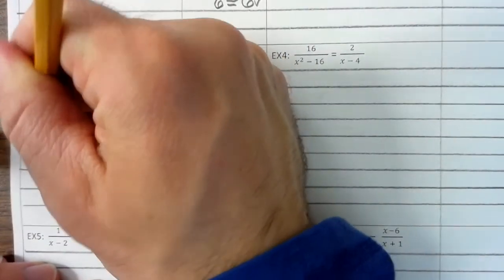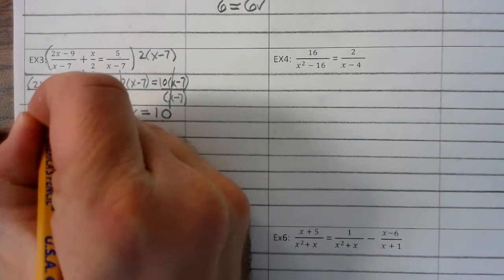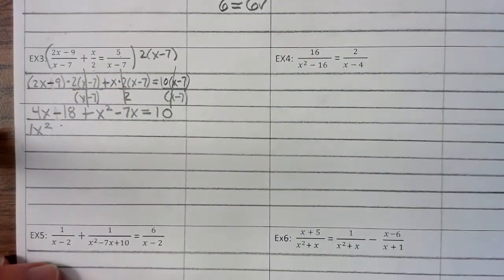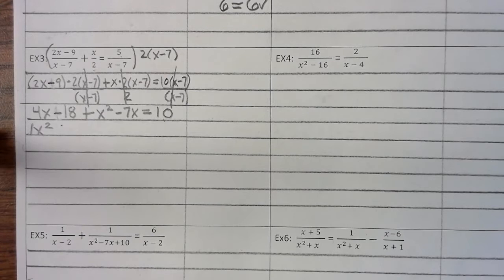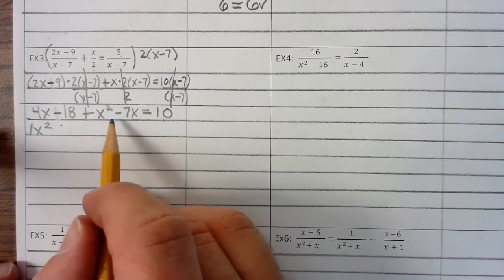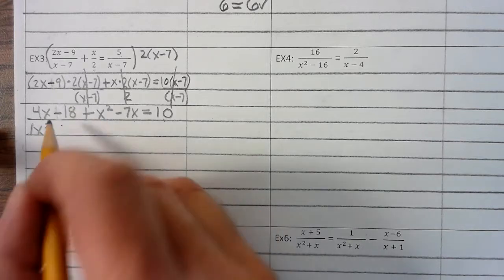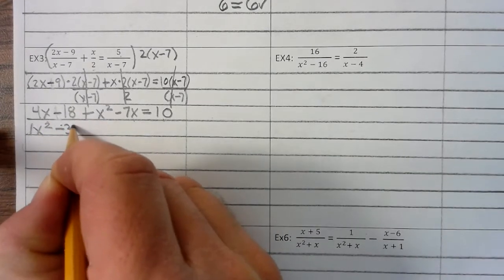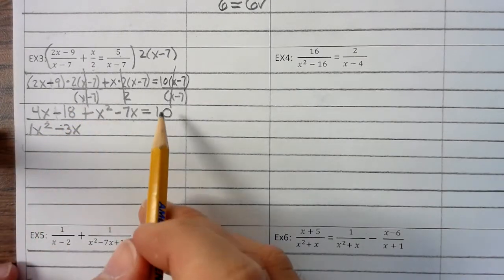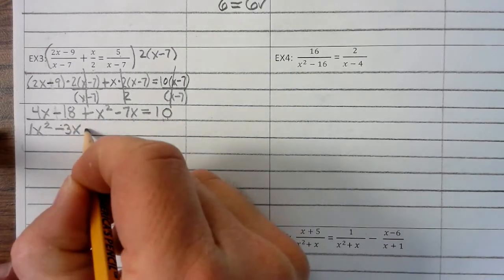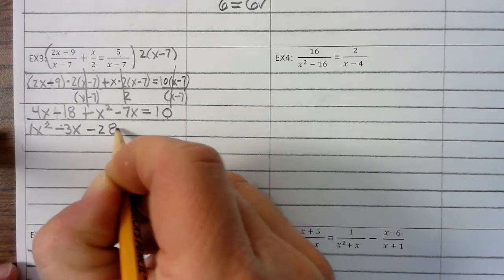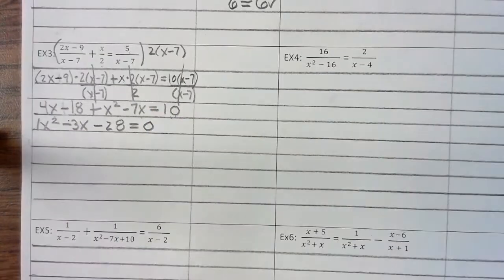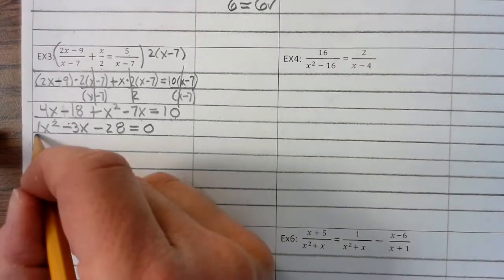Don't know how that became a plus sign, but that's actually a minus sign, which I'm glad I caught now, because that would just cause a whole bunch of mess. All right, and then 4x minus 7x is negative 3x, and then we subtract 10, so negative 18 minus 10 is negative 28 equals 0.